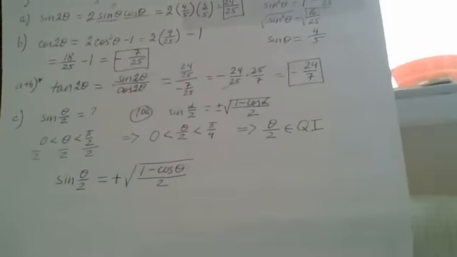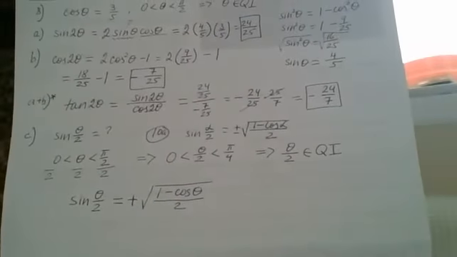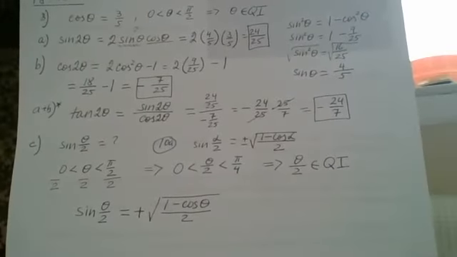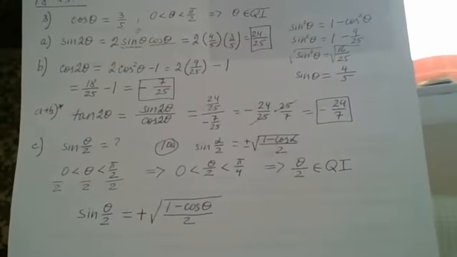This is why, look what I'm going to write. Sine of theta over 2 will be equal to positive square root of 1 minus cosine of theta over 2. I adjusted the formula because I already know that theta over 2 belongs to the first quadrant. In the first quadrant, sine is positive.